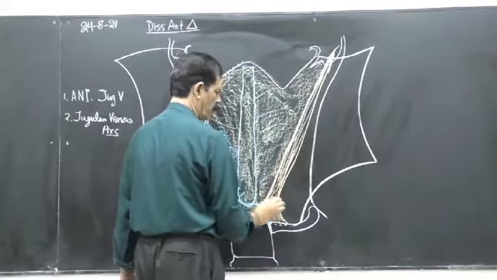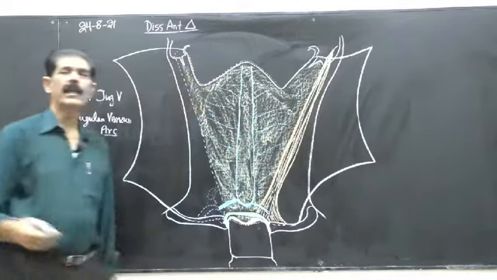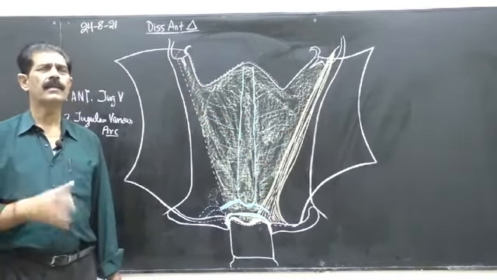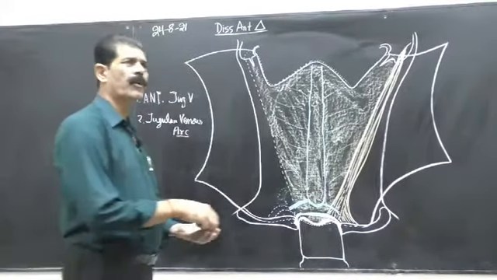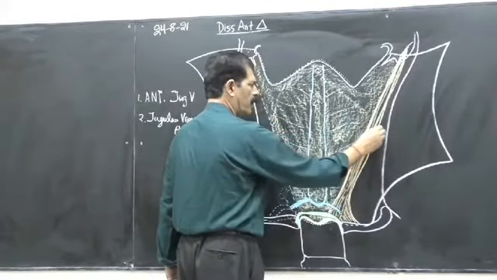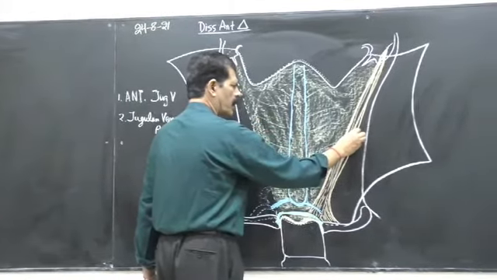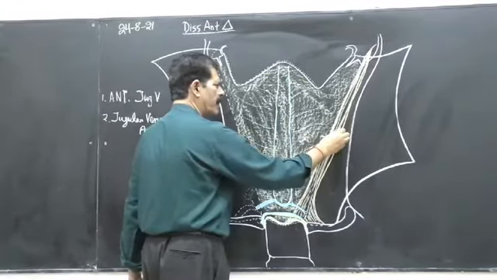Sternocleidomastoid: its name is telling origin, insertion, as well as everything. So from the middle of the posterior border of the sternocleidomastoid, the posterior triangle we have done, a nerve runs horizontally. From the posterior triangle, it enters into the anterior triangle.